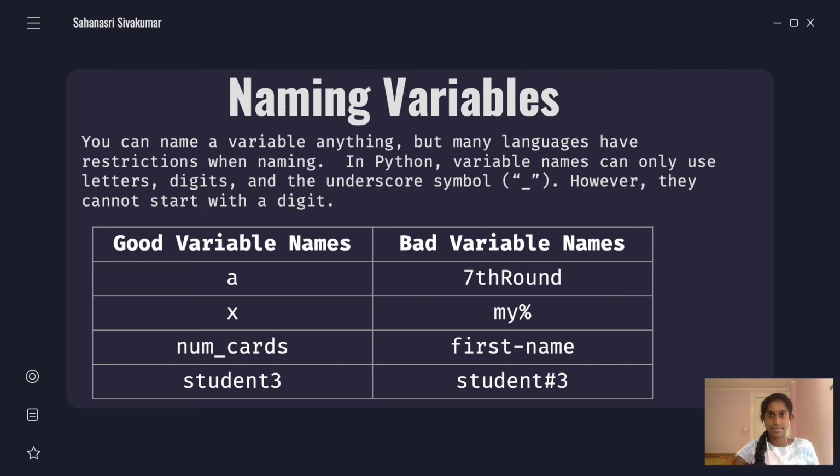First, since 7th_round starts with a number, in this case 7, this name will not be accepted by Python. My%symbol will not be accepted by Python because variables cannot have any symbols except the underscore. Similarly, in the last 2 examples, a dash and the hashtag symbol will not be accepted by Python and will result in an error.